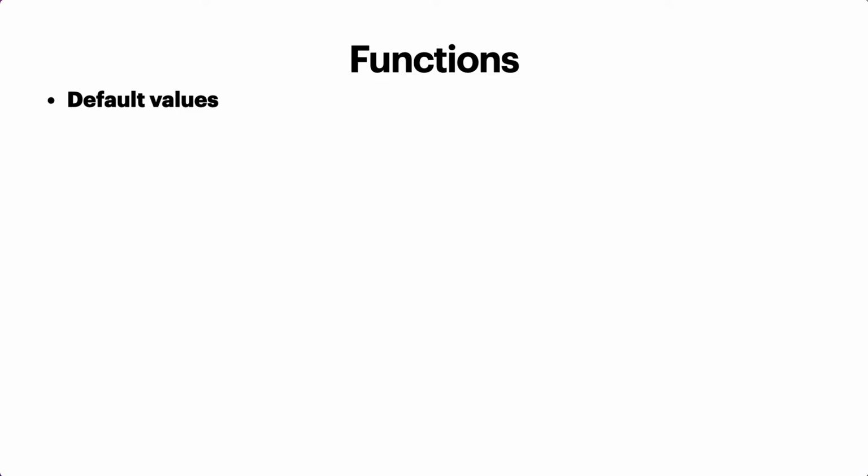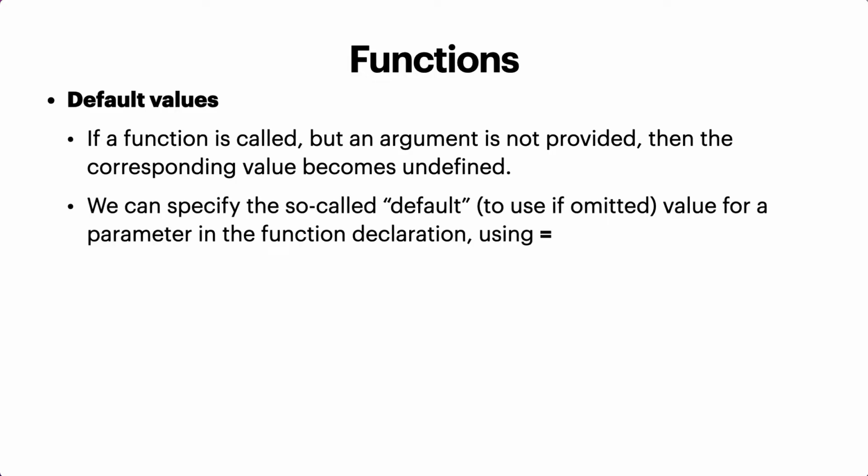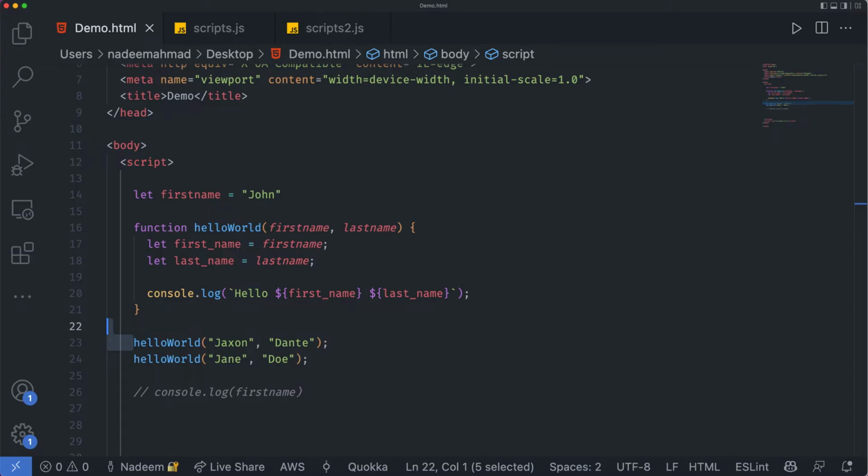Default values. If a function is called but an argument is not provided, then the corresponding value becomes undefined. We can specify the so-called default value to use if a value is omitted for a parameter, in the function declaration. So what is a default value? Let's say we are calling this hello world function and we are not passing, for example, the last name.